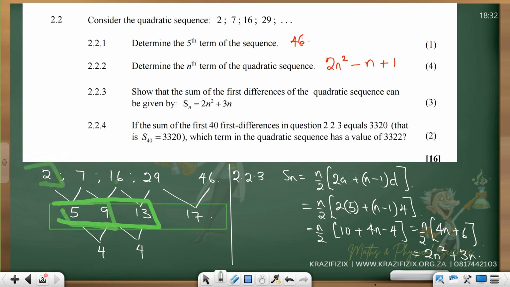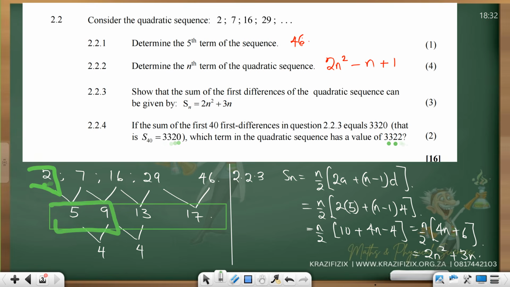The first 3 plus the first term, term 4. The first 4 plus that would give me what? Term 5. Do you notice? 3320 plus 2 will give me what? 3322. So what's your answer? It's 41. I don't know if it makes sense, guys.